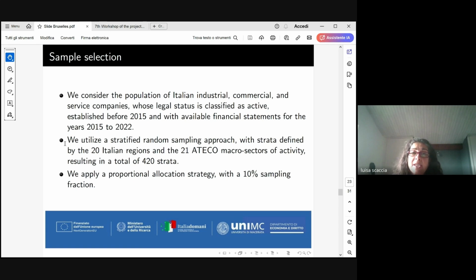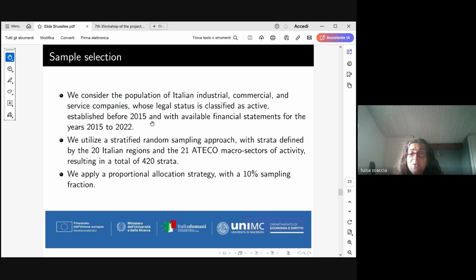We considered the population of Italian industrial, commercial, and service companies, and we just considered firms classified as active and established before 2015, to have enough years of financial statements to analyze.